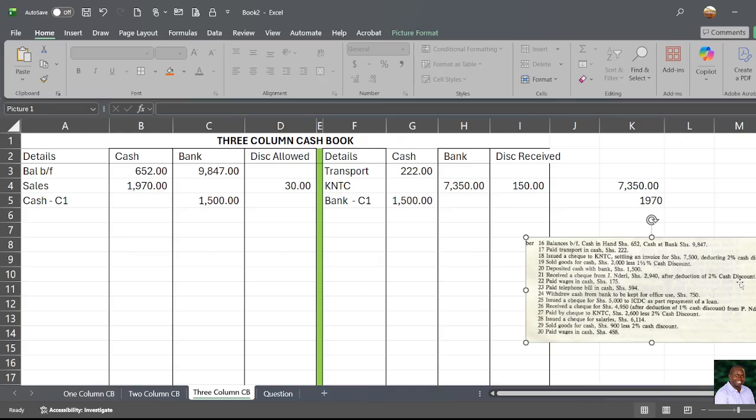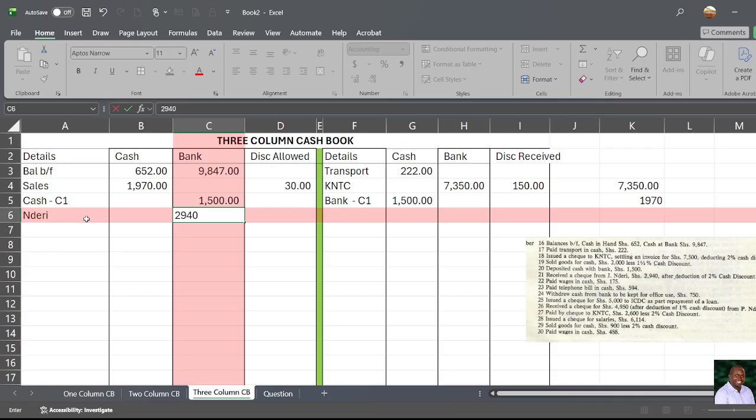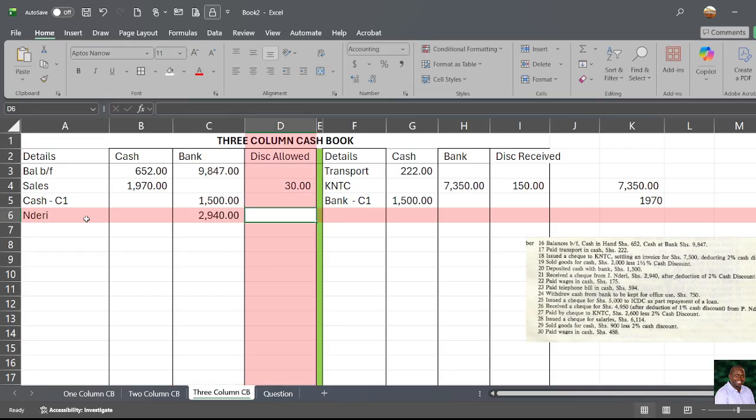The other time they were settling an invoice for 7,500 and deducting the discount, but now they are receiving a check from Dairy of 2,940 after deducting. So if he deducted 2%, that means 2,940 is 98%. That is what we have received.